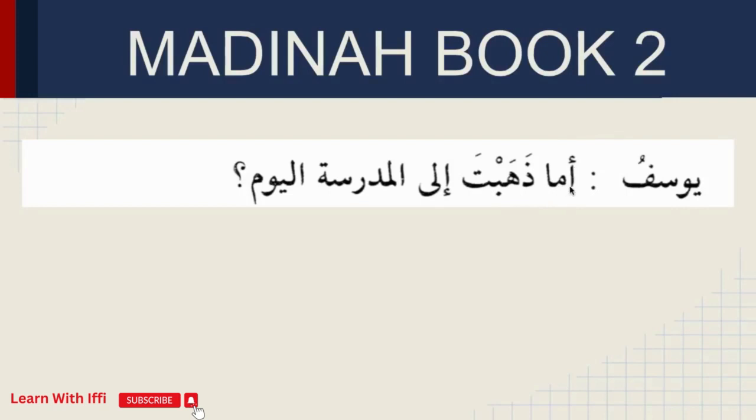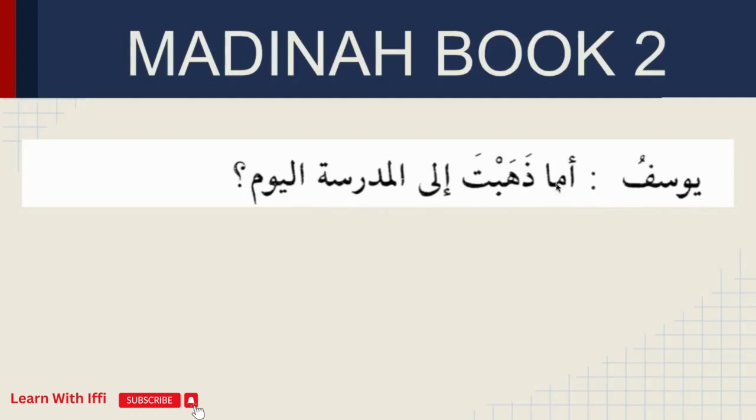So when you have a, ama zahabta means didn't you go? It's like alaysa kazalik, is it not like that? So where you have a question with a negation. We can ask azahabta ilal madrasatil yawm, that means did you go to madrasa today? And now if you're asking did you not go, that means ama zahabta ilal madrasati.